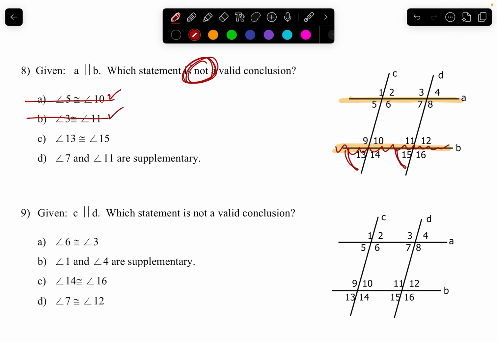And because their transversal is one of my parallel lines, that is going to be the statement that is not a valid conclusion. If 13 was congruent to 15, that would mean that line C would have to be parallel to line D, and I don't know that information because my problem only told me that A was parallel to B. So that's all I can do on that one.